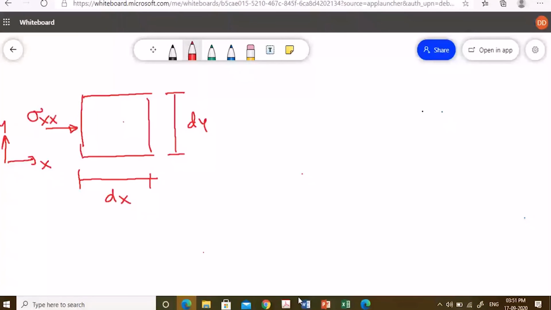Definitely now, since there is a finite distance, I am saying here, this will not be sigma xx. I'm writing the equation first, then I will explain it to you. This plus del sigma xx del x dx.